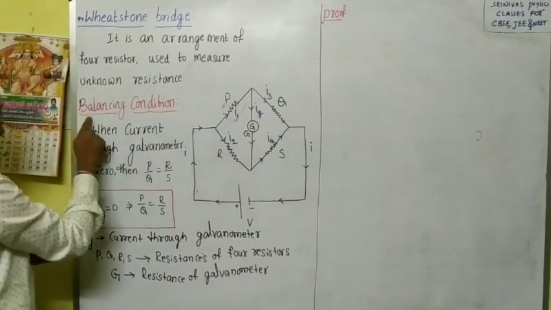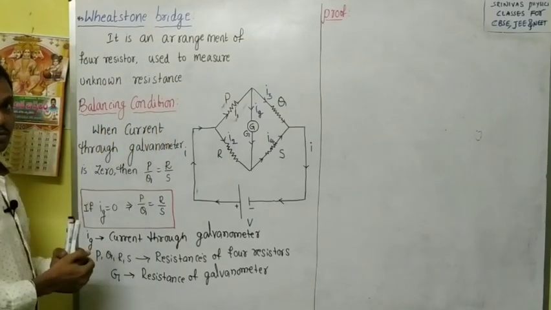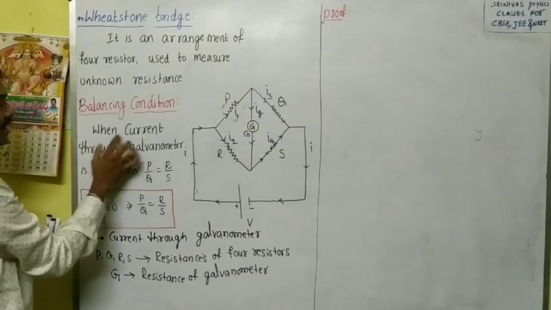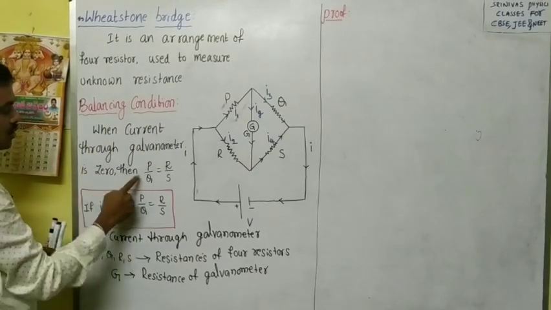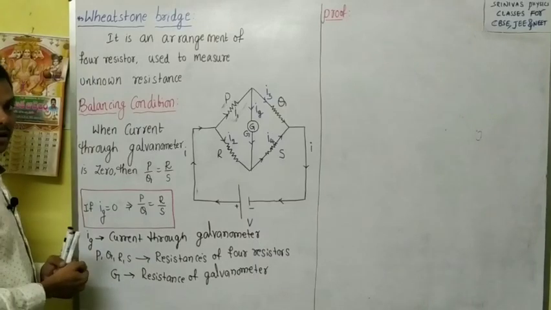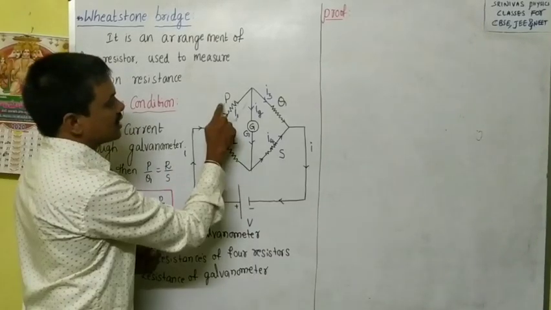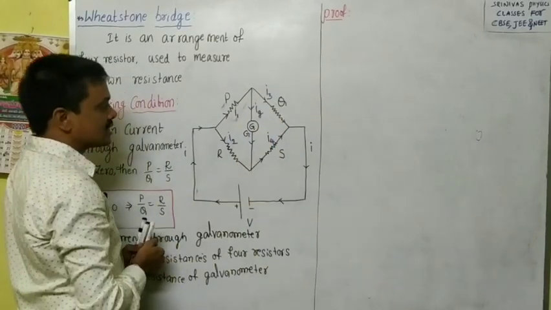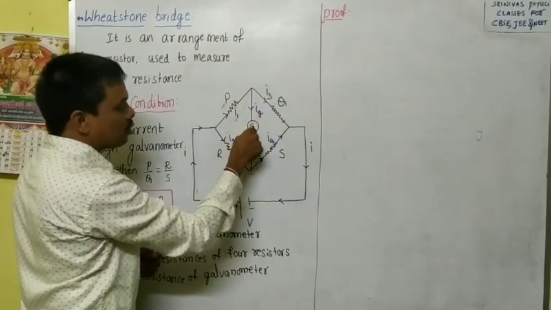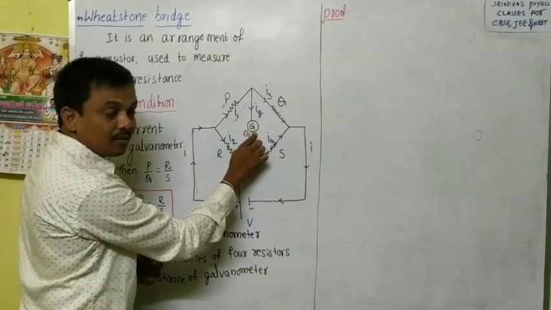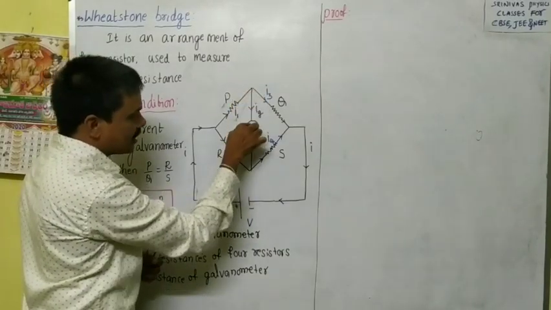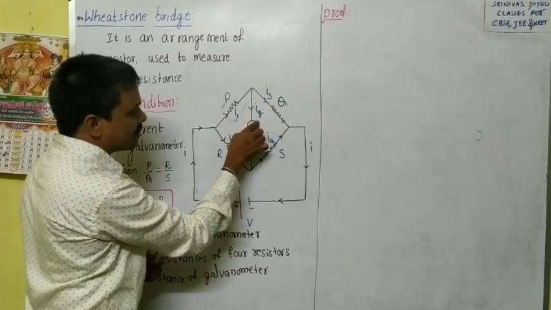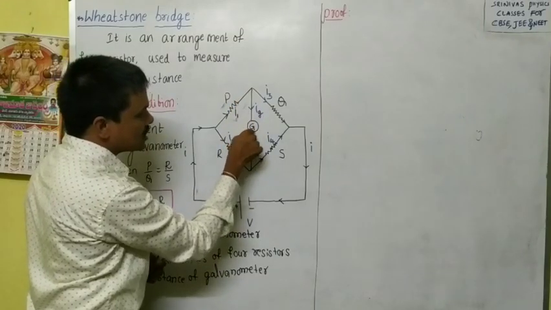And now what is the condition we will use to measure the unknown resistance? The condition is that when the current through the galvanometer is 0, then P by Q equals R by S. Look at here, P, Q, R, S are the four resistances, and this is the galvanometer. The current through the galvanometer I am taking as I suffix G. When the current through the galvanometer is 0, the galvanometer shows zero deflection.